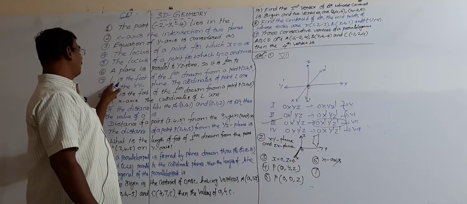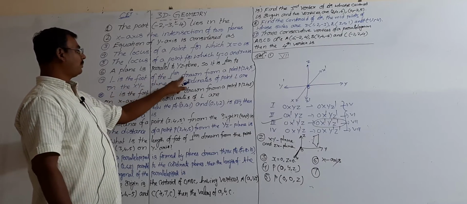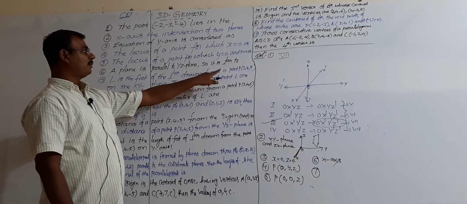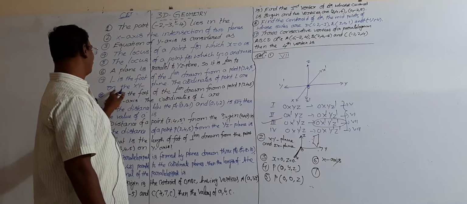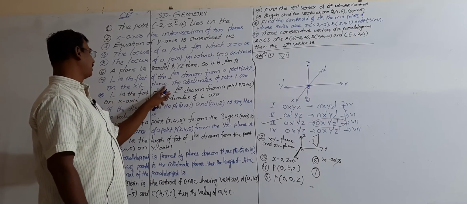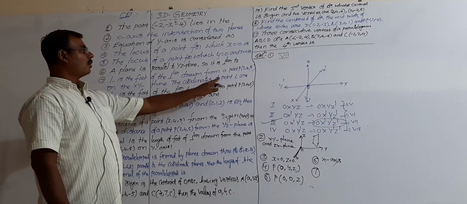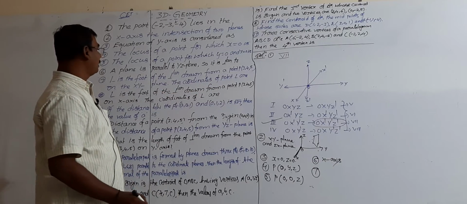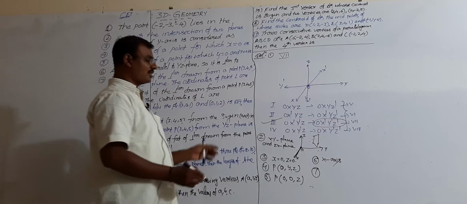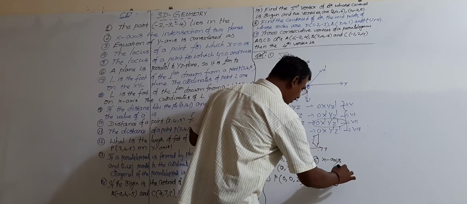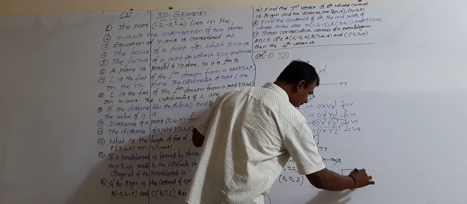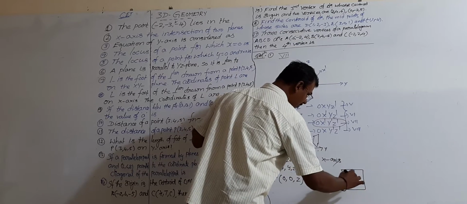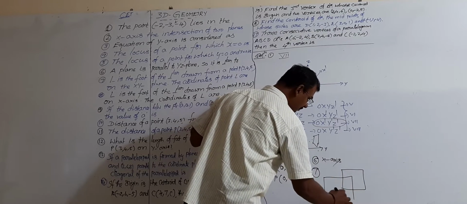Read the question. L is the foot of the perpendicular drawn from a point P(3, 4, 5) on the xy plane. The coordinates of point L are... So this is 3D geometry. Take the Cartesian coordinate system. I just draw it like this.